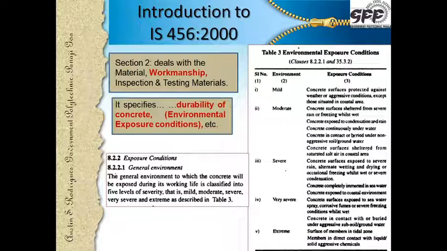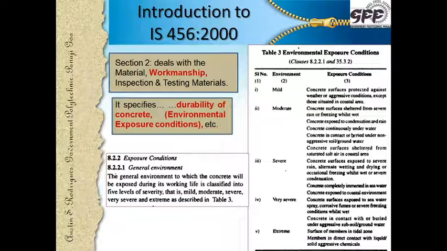Coming to the level number 3. Level number 3 is severe. Concrete surfaces exposed to severe rain. Well, in Goa we have concrete surfaces exposed to severe rain. We have the largest amount of rain which we get throughout the year, or during the monsoon season. So obviously we are looking at the level which is severe.